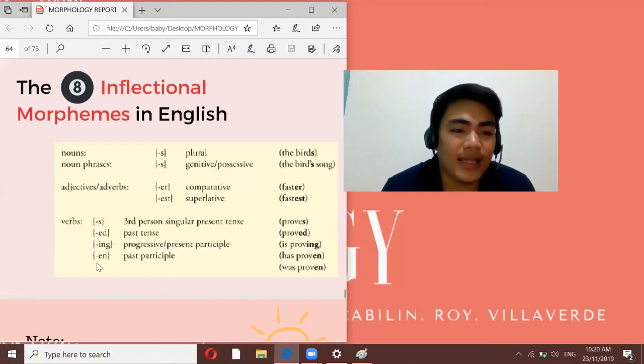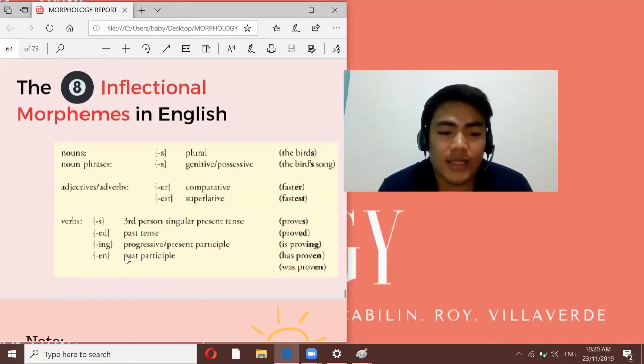And then the eighth inflectional morpheme is en, and it can be used to change words into their past participle form, as in has proven or was proven. From the basic form prove, we add en to change it to its past participle. All right.